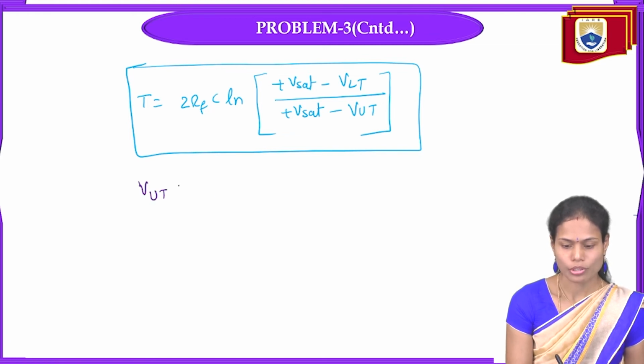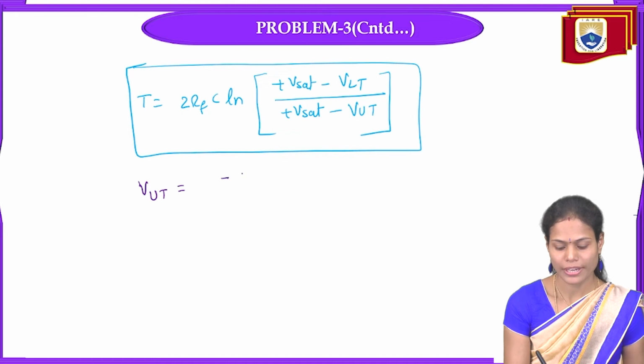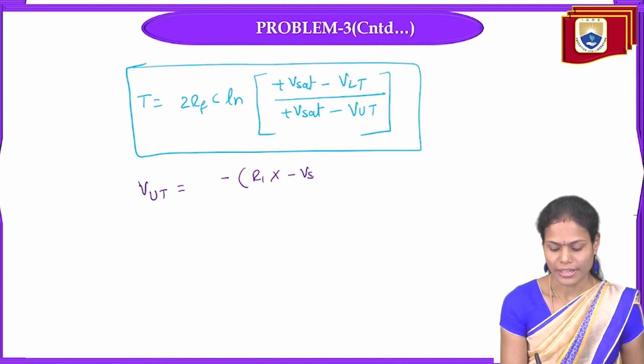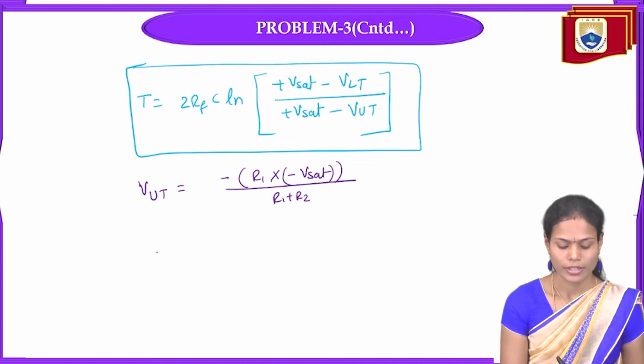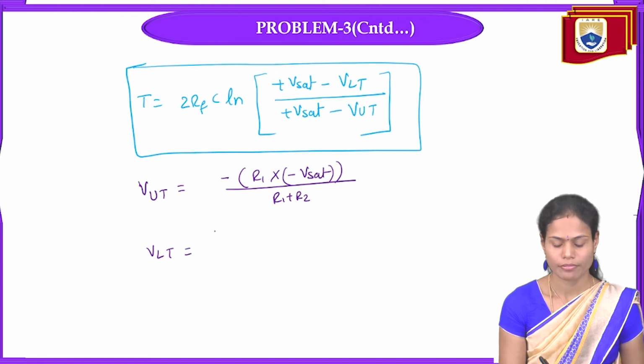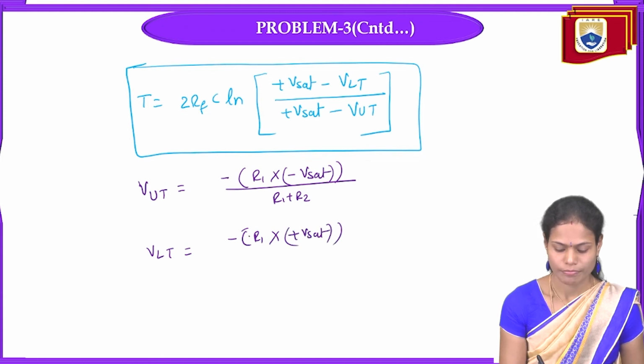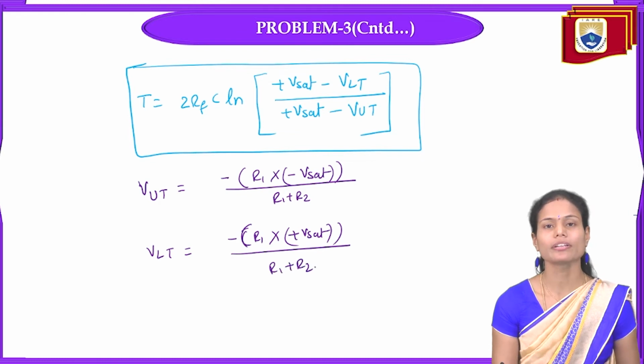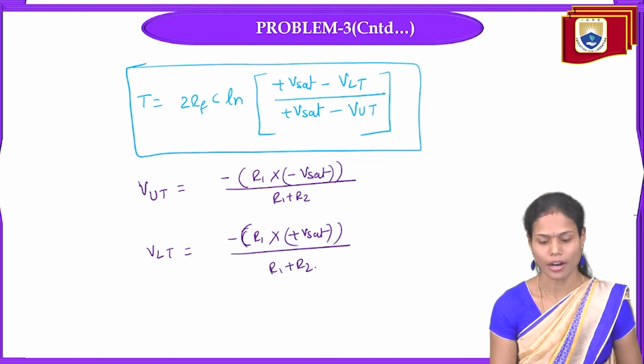VUT, the upper threshold voltage, is equal to minus R1 into minus V saturation divided by the total resistance of the non-inverting terminal. And similarly, the lower threshold voltage VLT is equal to minus R1 into plus V saturation divided by the total resistance of the non-inverting terminal, R1 plus R2.